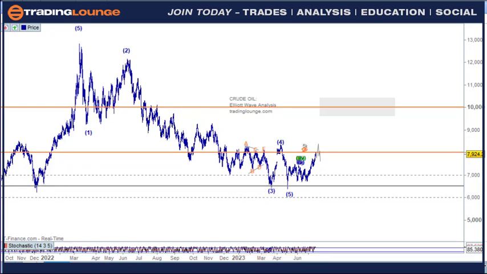Now, it is possible that we could just continue to go up here and it's just a crazy world. But I think we're going to be in a band like this for quite some time. And this would be, I'll just redraw it in another way, an A wave here, a B wave here, and a C wave over here for this.